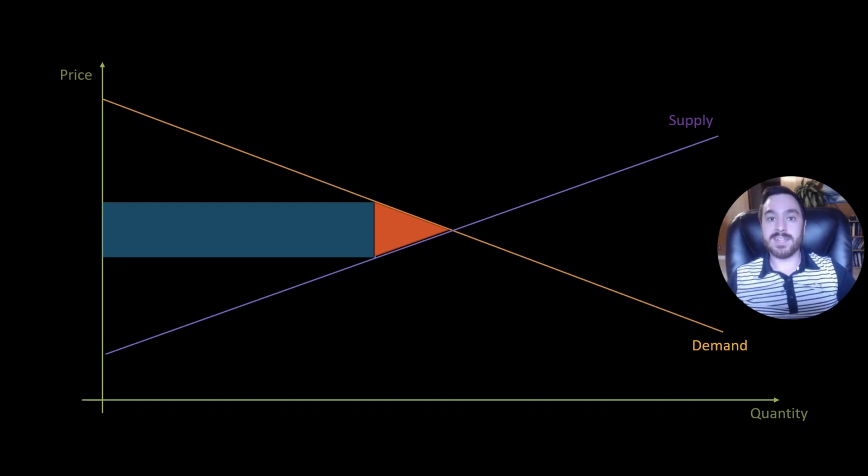In other words, it's the difference between what people lose because of the tax minus what the tax revenue is. And that will always be either 0 in some very limited cases, or positive. So there will always be an economic loss to the tax, which we can see in this triangle here.